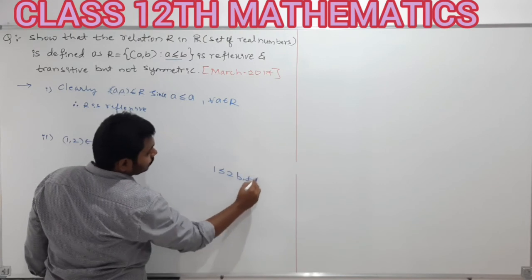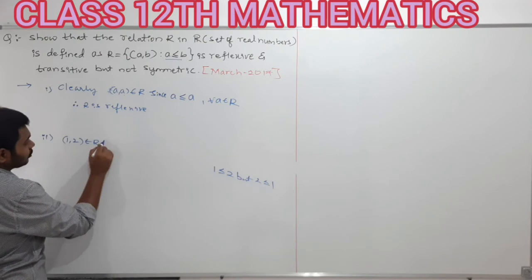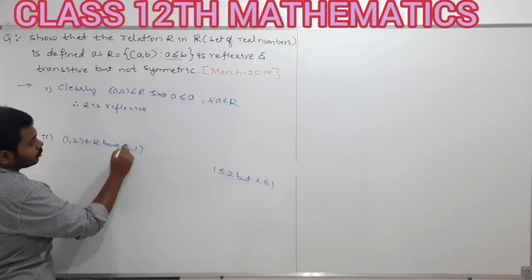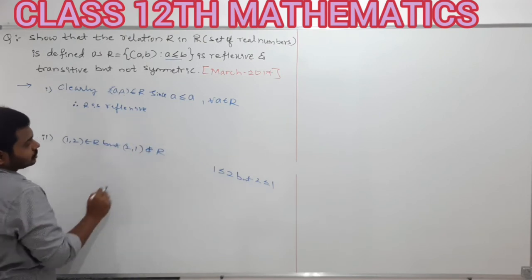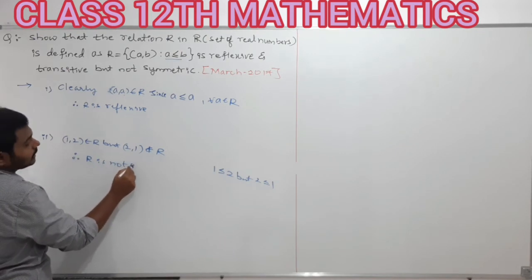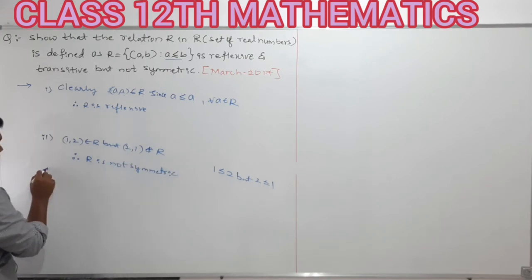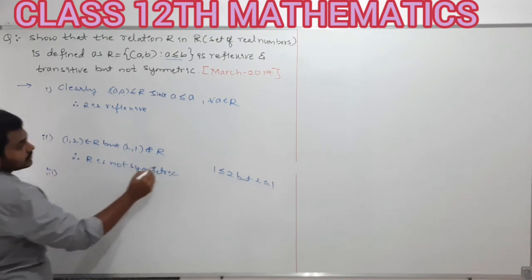But 2 is not less than or equal to 1. It means (1, 2) belongs to R, but (2, 1) does not belong to R. Therefore R is not symmetric.